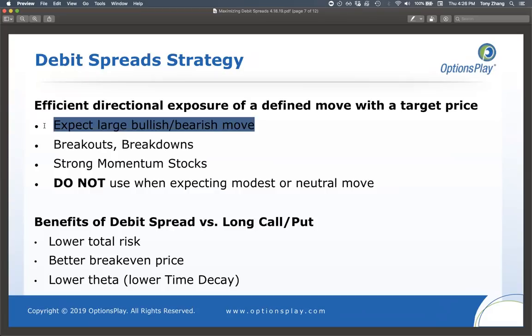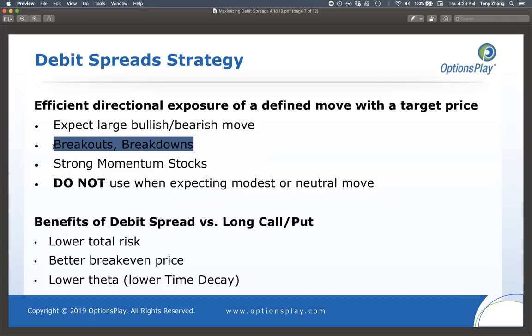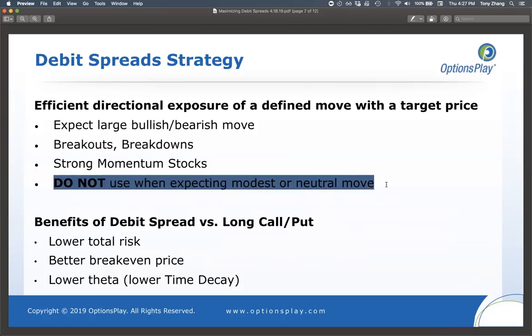This typically is useful for breakouts or breakdowns, when a stock breaks above a resistance level or below a support level, or maybe bounces off a support or resistance level where you have a clear target price. These are also useful in strong momentum stocks that can move a lot. And lastly, if you expect a more modest or neutral move, a debit spread is not an ideal strategy to utilize.